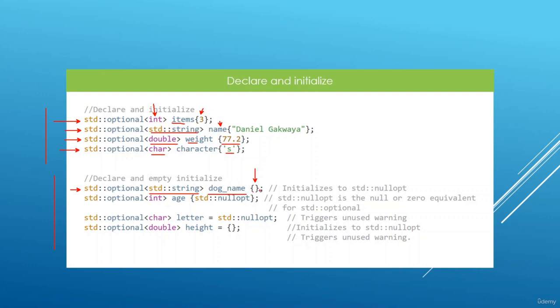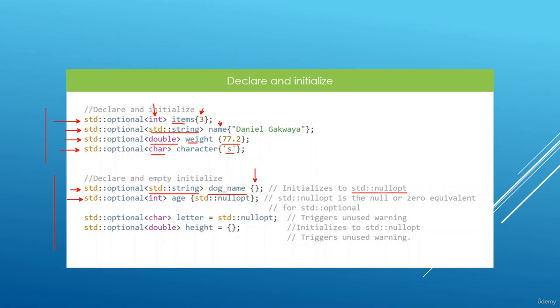It is brace initialized to contain a null version of std::optional. That is going to be std::nullopt. std::nullopt really means that our std::optional object is empty or it doesn't have any value inside. This is how we can mean that this guy doesn't contain anything. So we can explicitly say that.